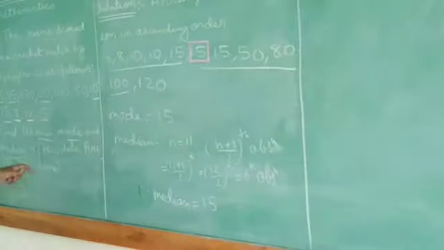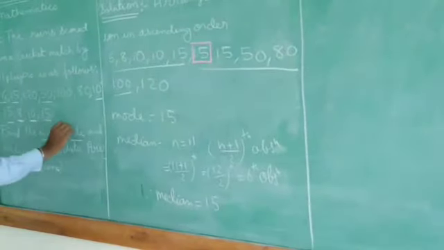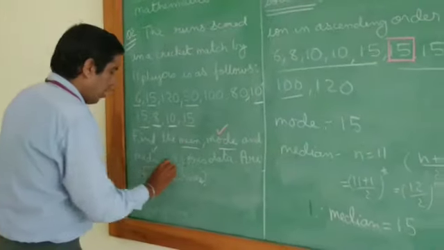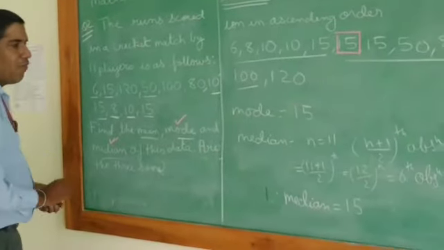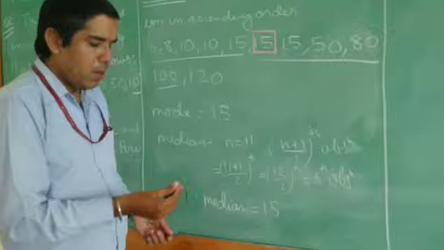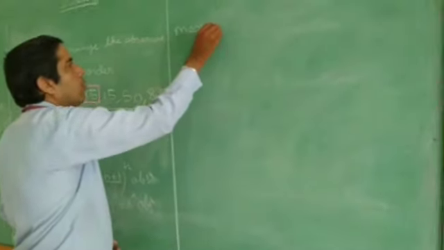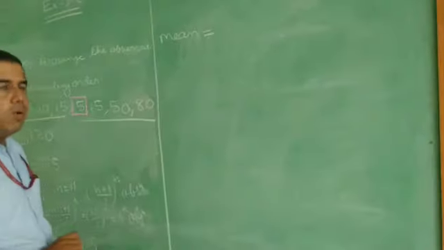Now I will go for the next one. I have found the mode and the median. Now I will find the mean. So the mean is equal to, what is the formula? You know the formula here.